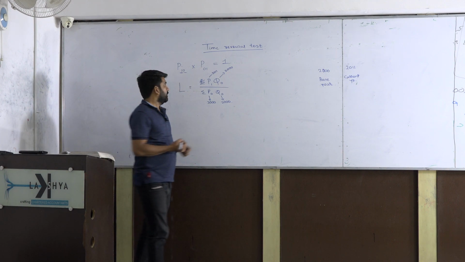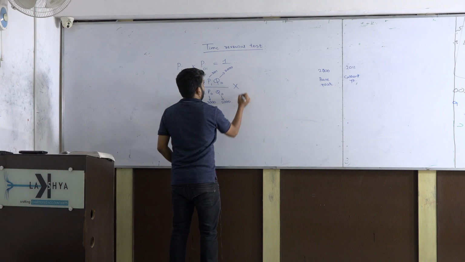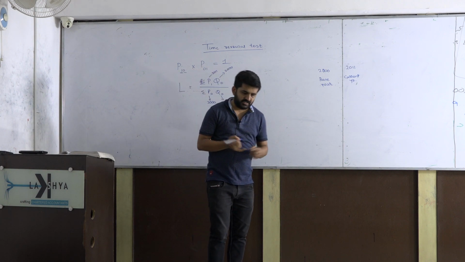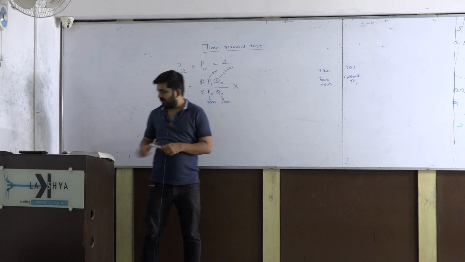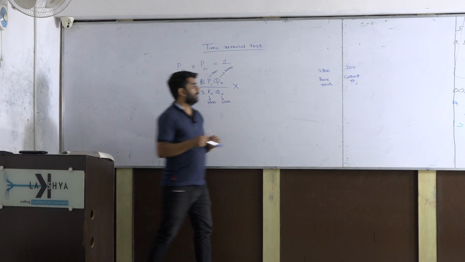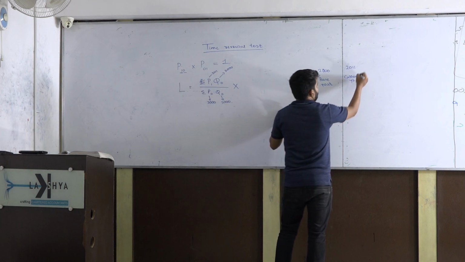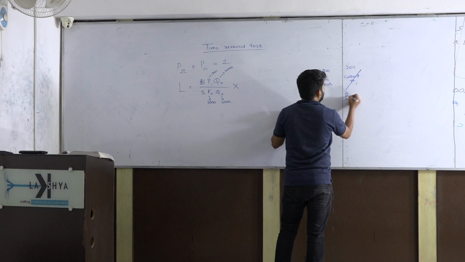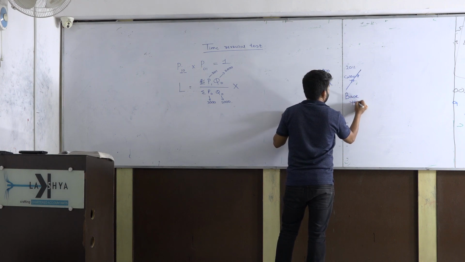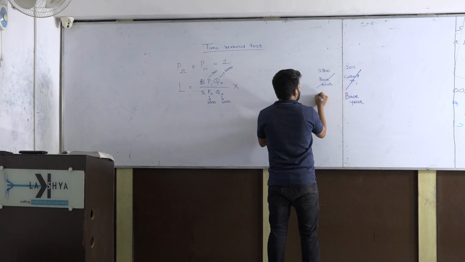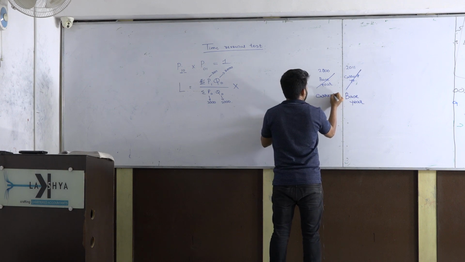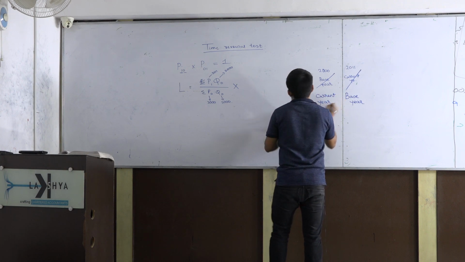Multiplied by, since we are doing the time reversal test, now understand what we will be doing. The current year will be converted into base year and the base year will be converted into current year.